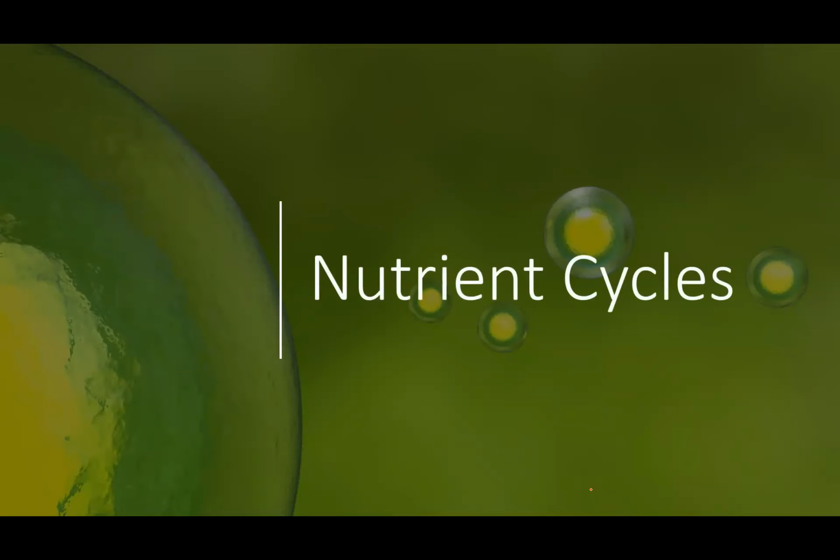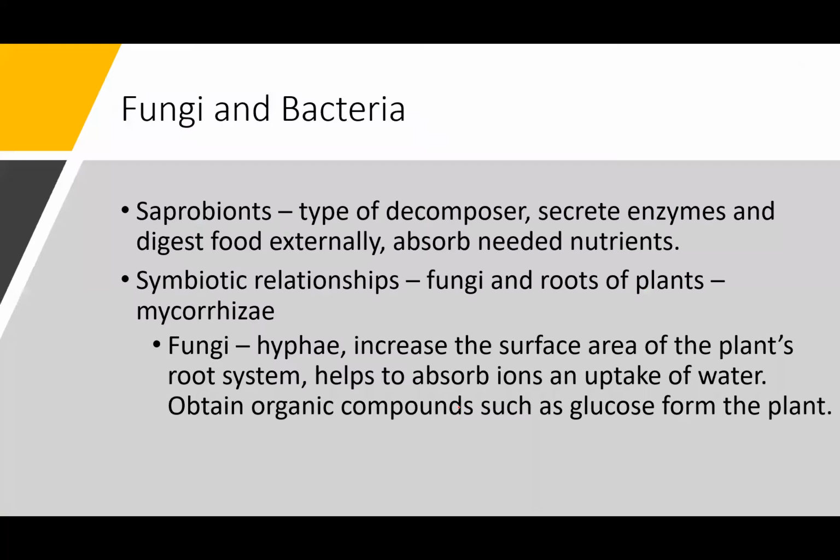Now, the final section for this is nutrient cycles. So we're now just going to have a look over a couple of nutrient cycles that you need to know about. So organisms go through nutrient cycling, and fungi and bacteria, before we actually look at any nutrient cycles, we're just going to look at fungi and bacteria on their own in a bit of detail, because they've got a really, really important role when it comes to nutrient recycling.